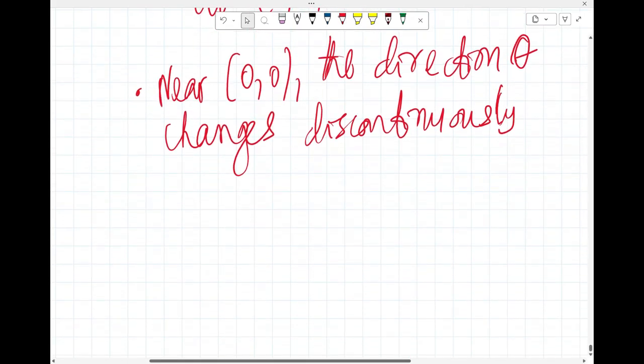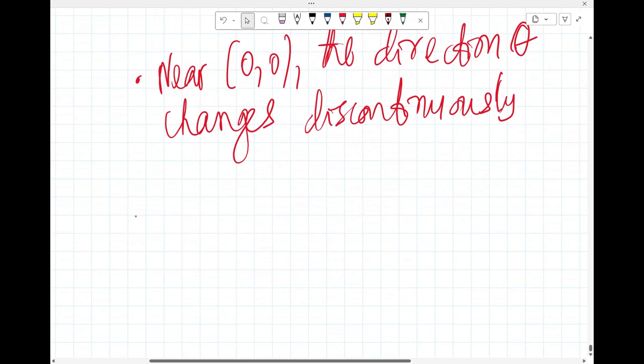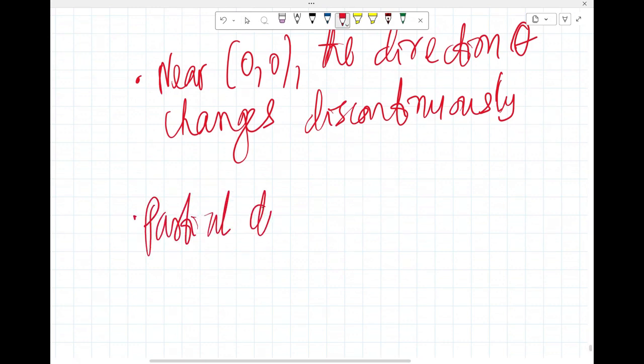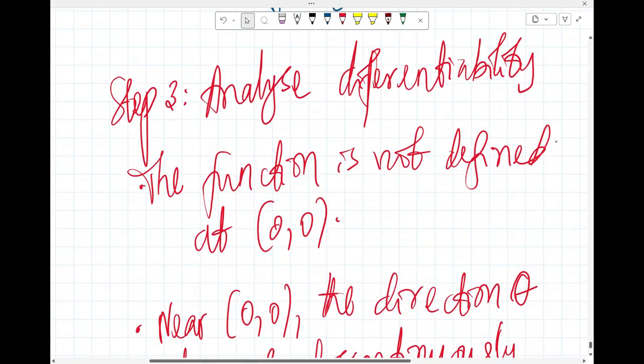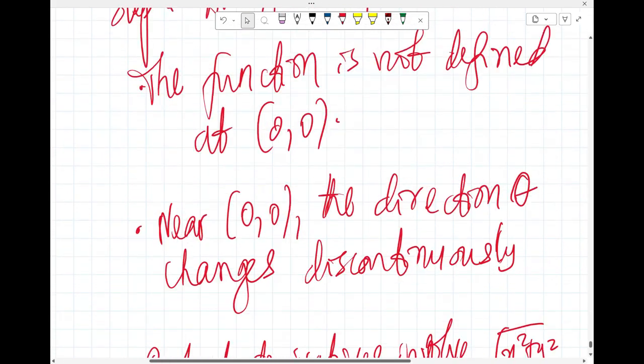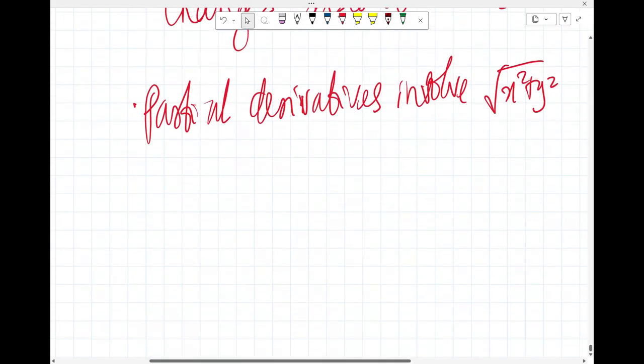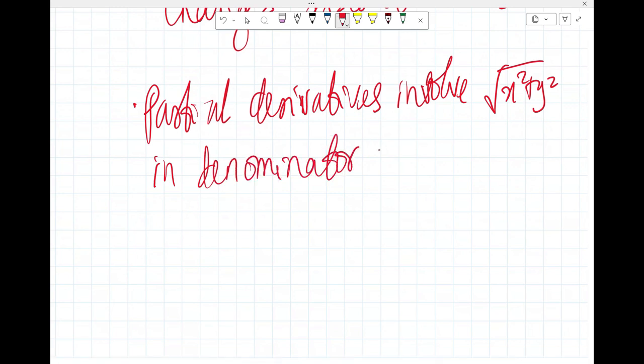Then apart from that, partial derivatives involve the square root of x squared plus y squared. So if you take partial derivatives of both parts, we always have the square root of x squared plus y squared in the denominator.